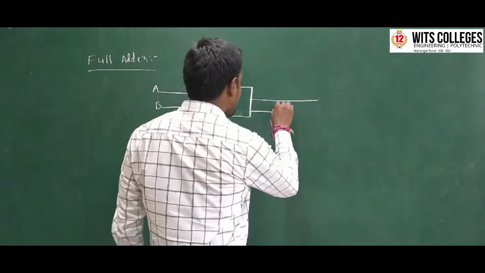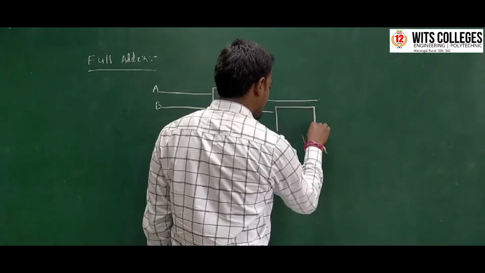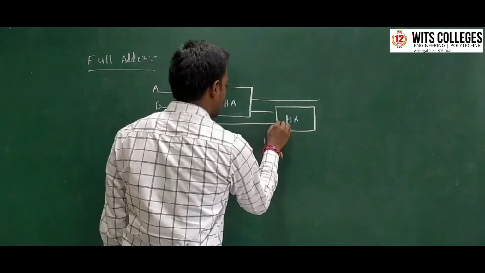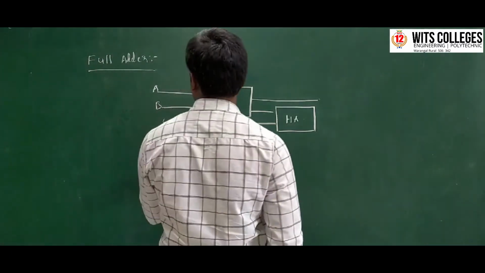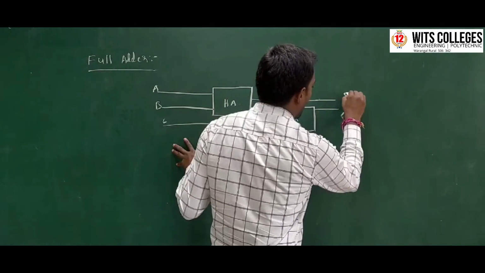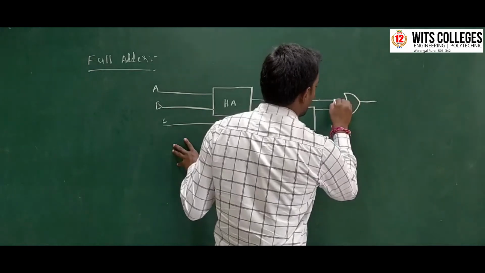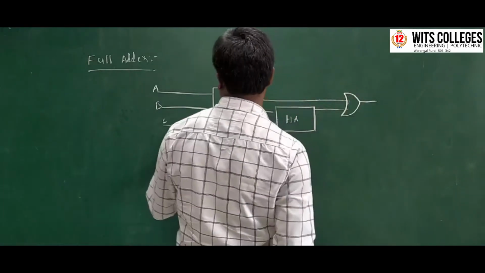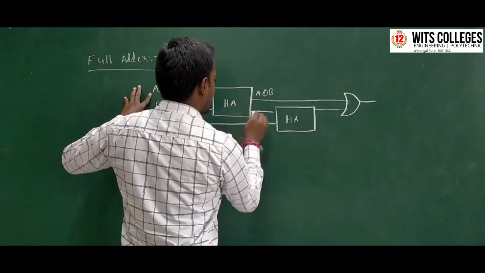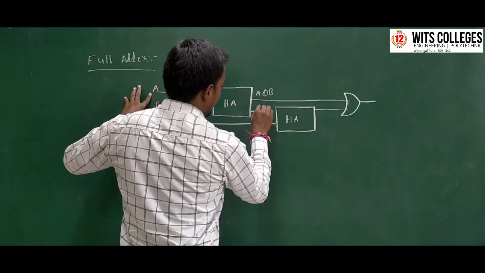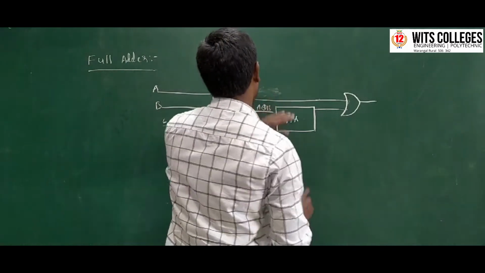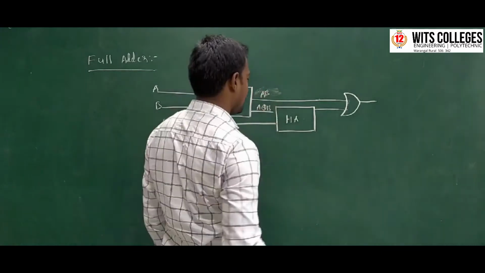Here I am again connecting another half adder circuit and giving another input, that is C. These two outputs of the two half adder circuits are connected to one OR gate. So this gives the A exclusive OR B output, and this half adder circuit gives the output of A into B.